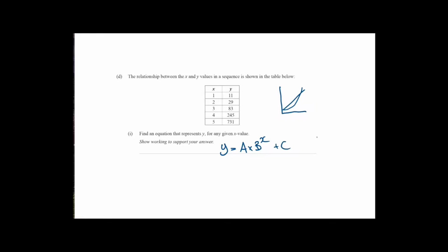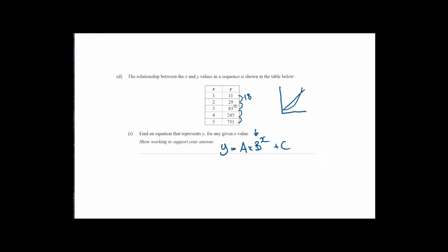So how do we find this? First thing we have to look at is b. And the way that we do that is by taking the difference of these and then work something out to see if there's a pattern there. So 29 take away 11 is obviously 18.